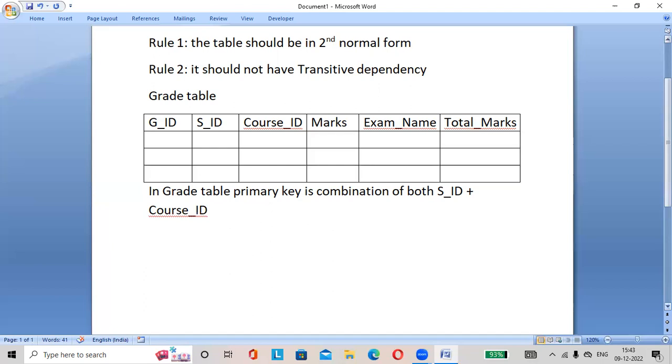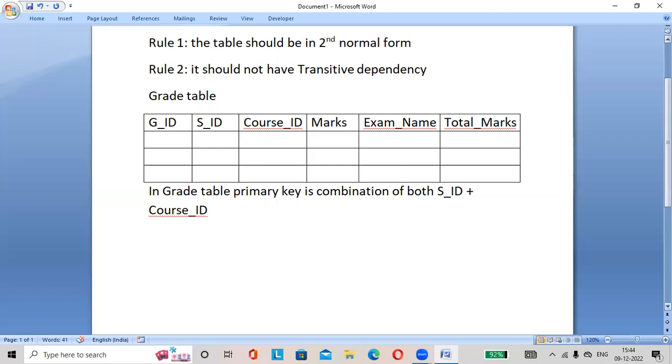For example, for CSE students, there will be lab exams. For other lab courses like Java Lab, C++, C, there will be lab exams. For other branch students, there will be different lab exams.